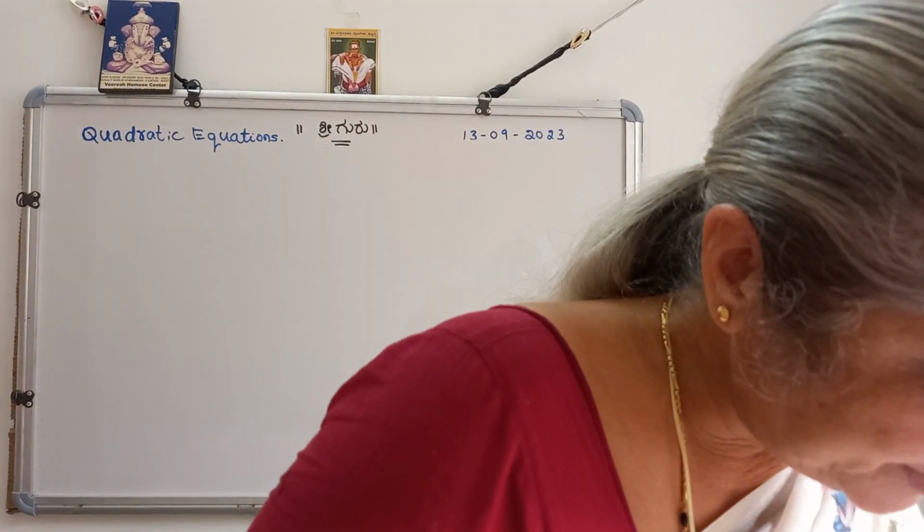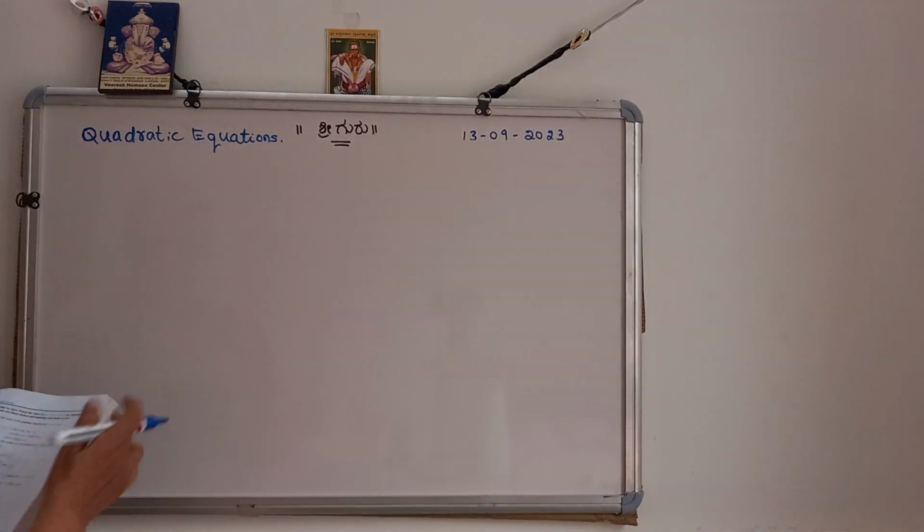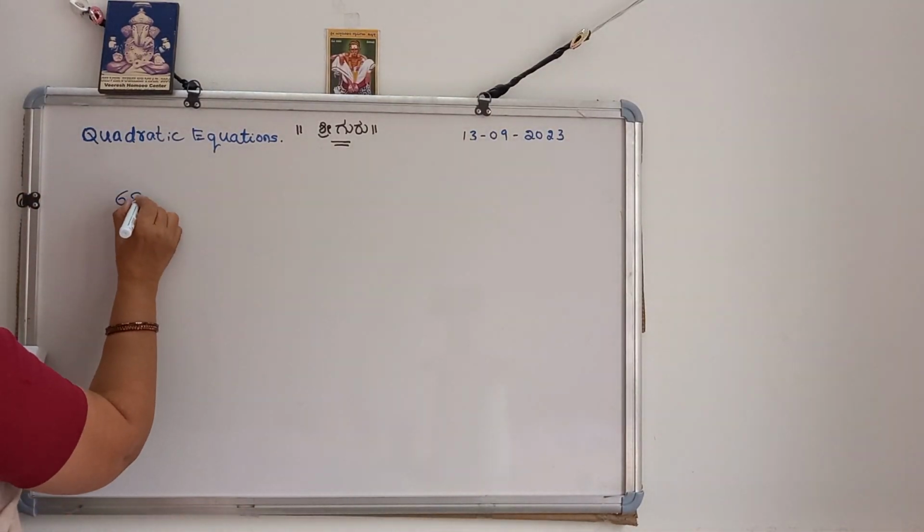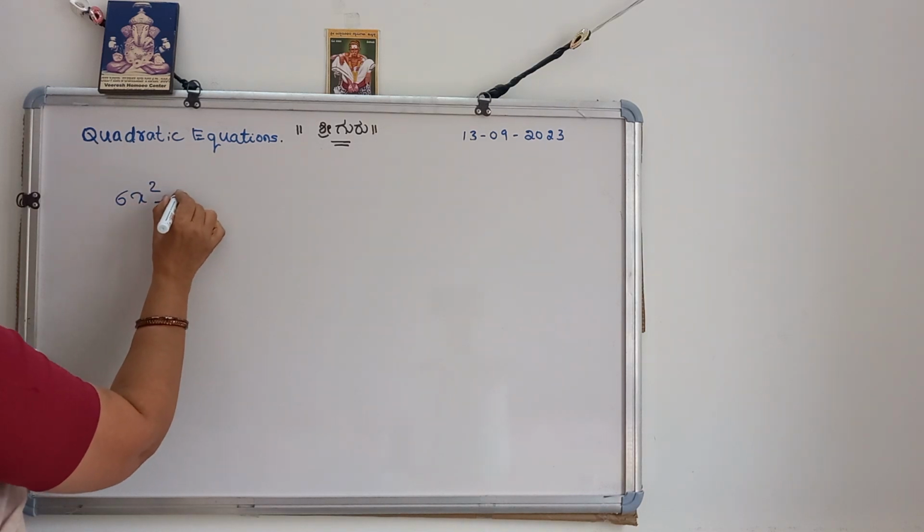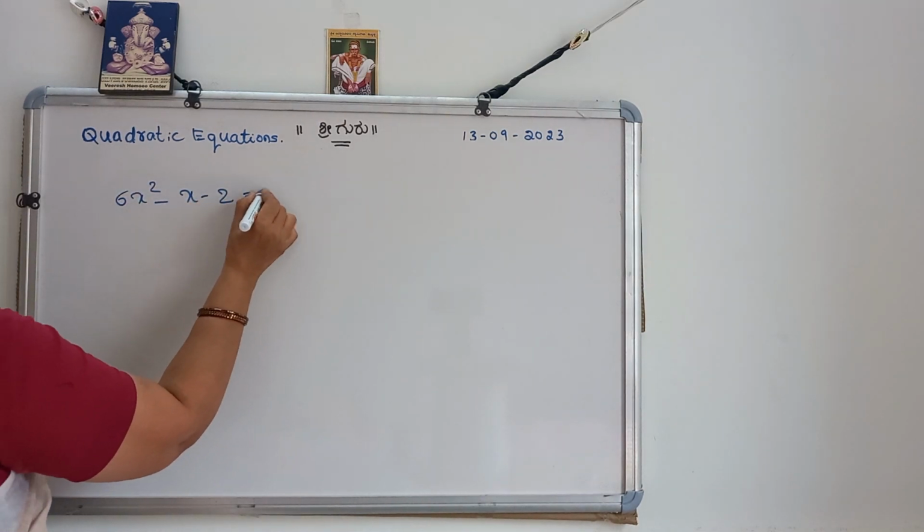Now the next example. 6x square minus x minus 2 is equal to 0. Again the same procedure.